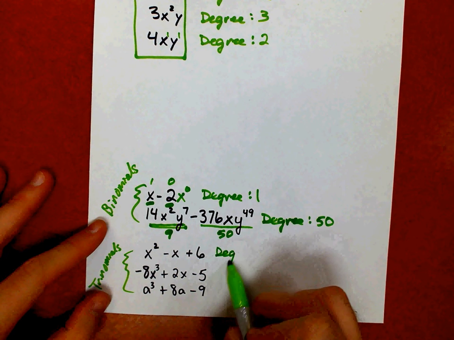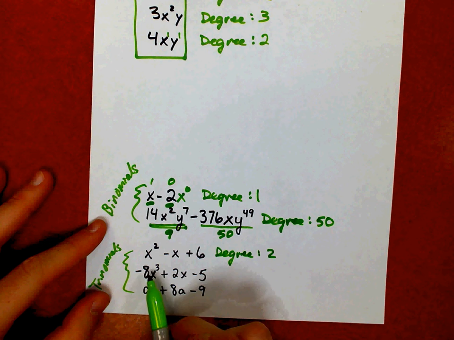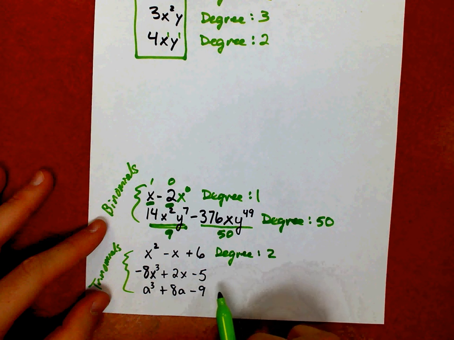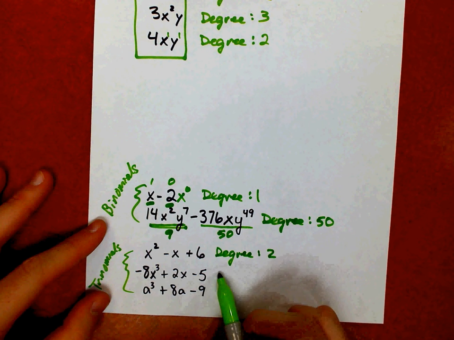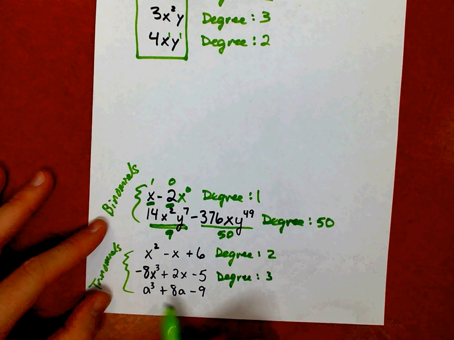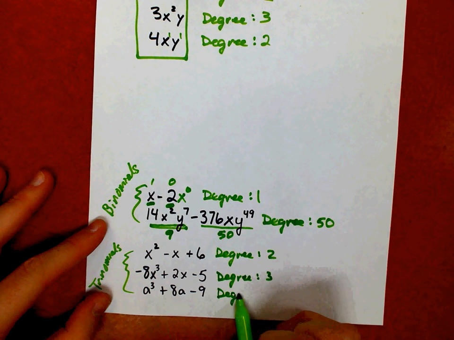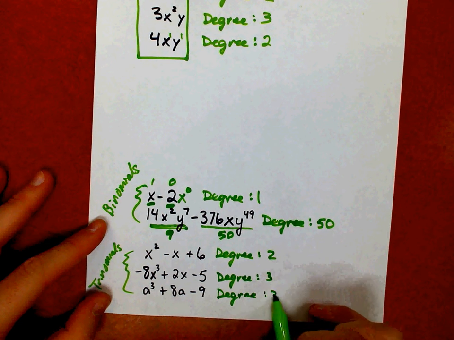So the degree of this trinomial is 2. And the highest power in this one is 3. So the degree of the trinomial is listed as 3, and this last trinomial also has a degree of 3. Its largest exponent is, of course, 3.